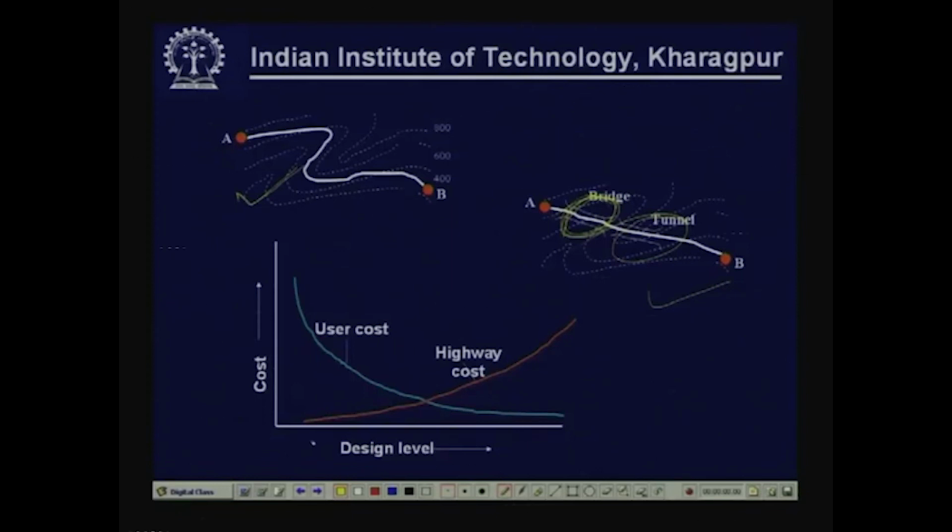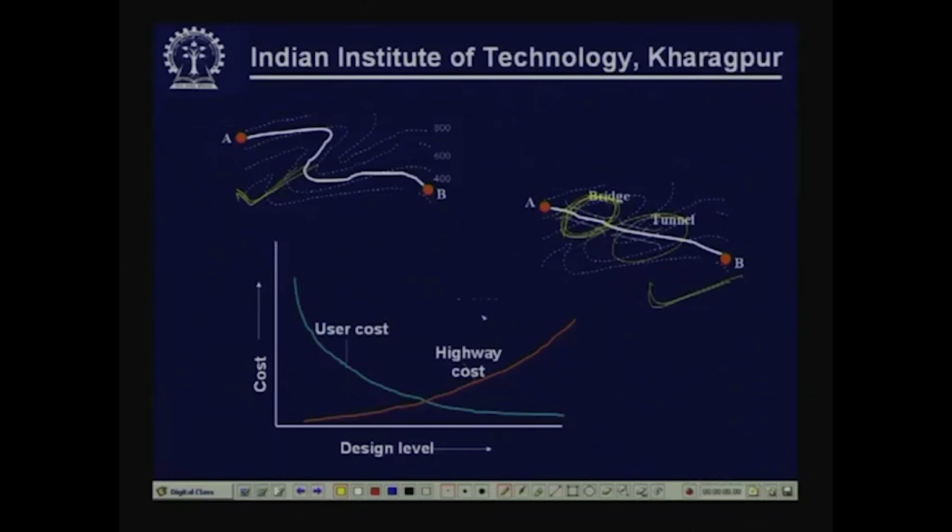So, what happens if you try to decrease the user cost with a better design like this one, your highway cost or the construction cost will be more. If you try to minimize the highway cost like in this case, your user cost will be more. So, it normally follows a trend as shown in this sketch or graph.